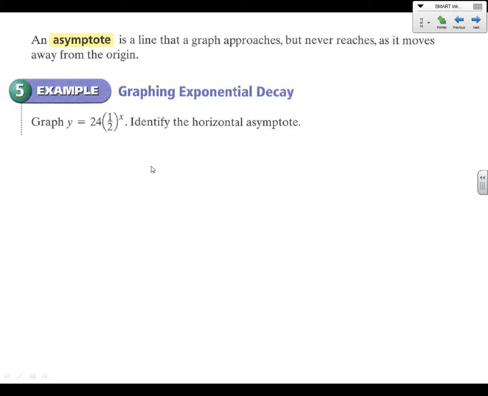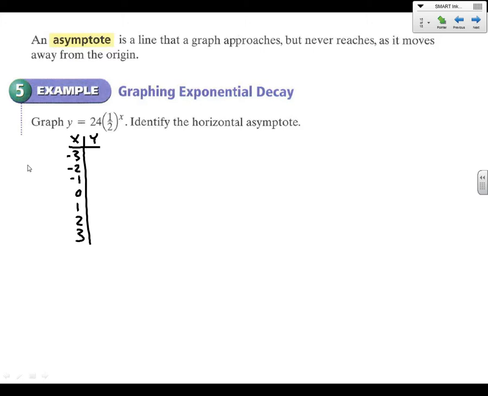All right, so let's talk about our last vocab phrase, an asymptote. An asymptote is a line that you get close to but never crosses. So we've seen this already with the x-axis, something that we get close to but don't cross. All right, and so we'll see that again here. Let's graph this. By graphing it, we're going to do our t-table. -3, -2, -1, 0, 1, 2, 3.